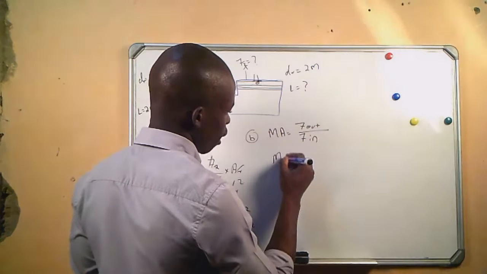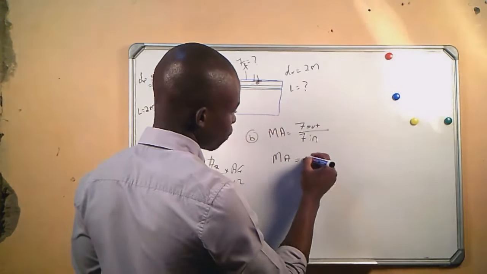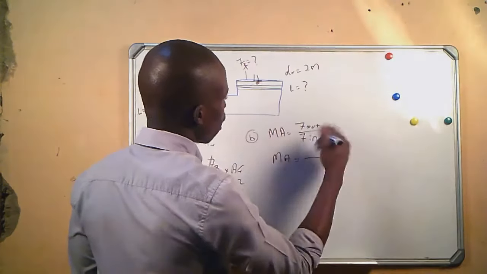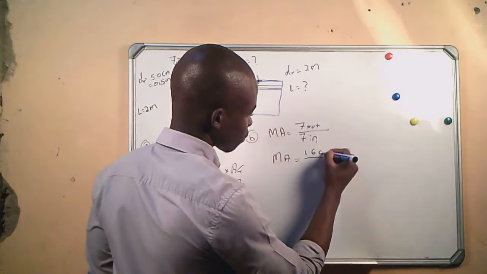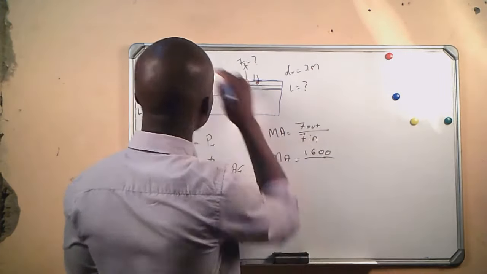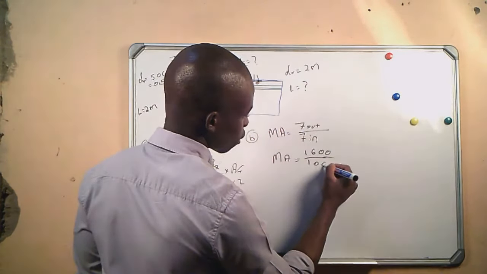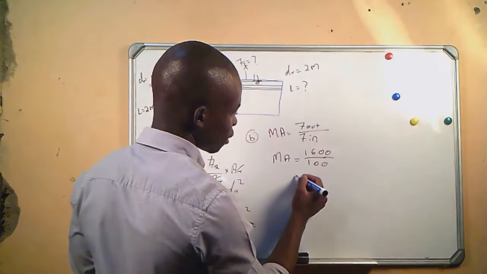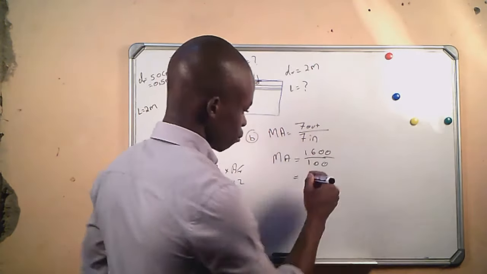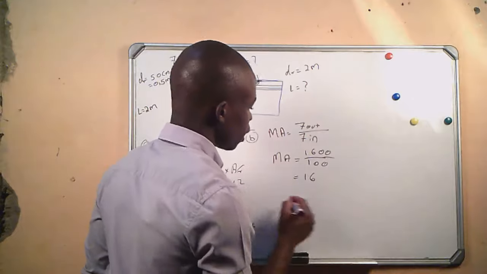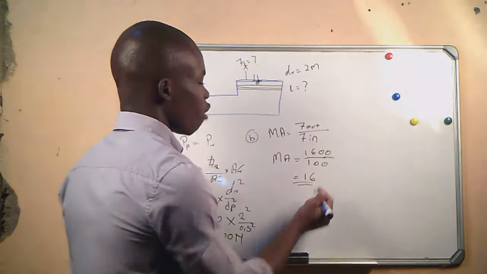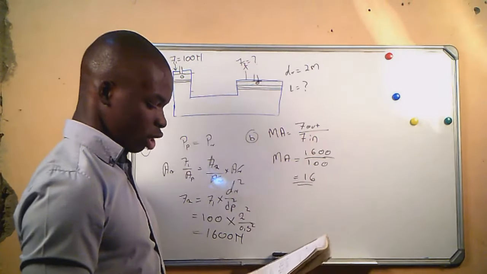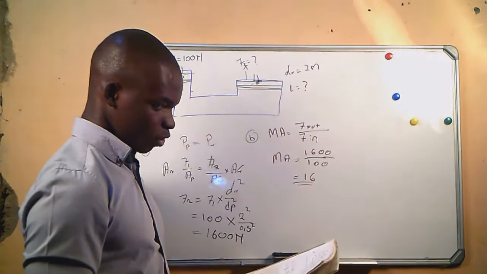Therefore, out, it's 1600. In, it's 100. This will give us 16. This is the formula for mechanical advantage, and the value of this mechanical advantage equals 16.